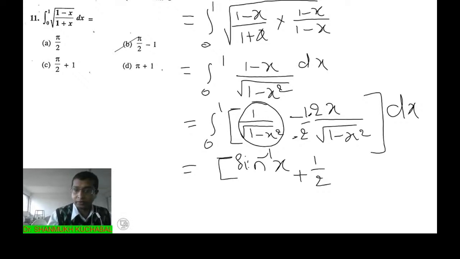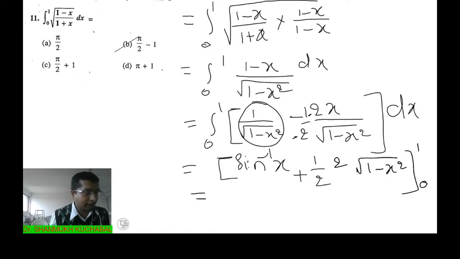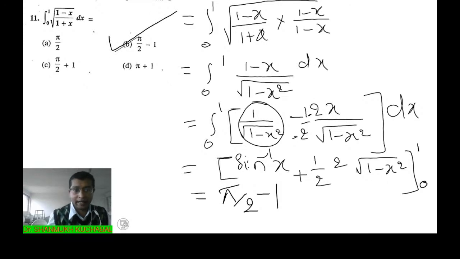So 2 into root of f of x, integration of 1 minus x square. So after simplifying, now limit is from 0 to 1. Now we have to take the value of x equal to upper limit minus the value of x equal to lower limit. So simplification gives us pi by 2 minus 1 here. Therefore option B is the right answer.